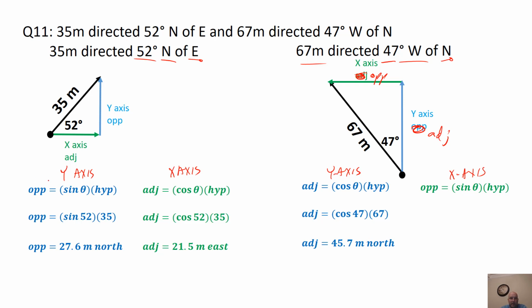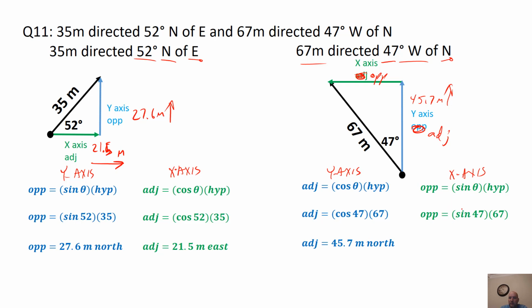So we're going to have to put the y-axis together and the x-axis together, and just like I said before, I should draw this in: 27.6 meters north, and this one was 21.5, we were looking at 21.5 meters east. This helps us think about if we're adding or subtracting these vectors and when we get them. This was 45.7 meters north, so this was 45.7 meters north. So we can tell we're going to have to add those together.